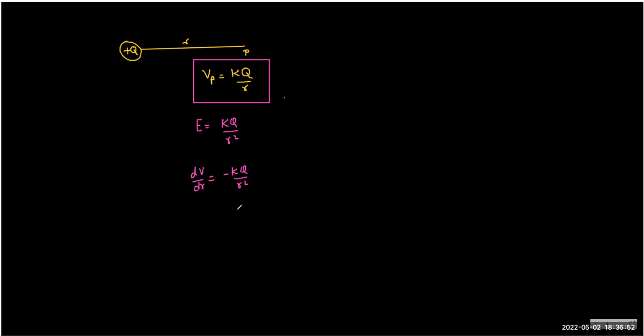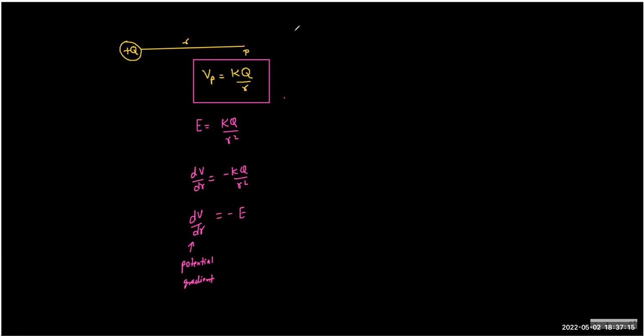Which clearly says that the electric field, or the potential gradient as we call it, is equal to minus E. So this is a very simple relation.